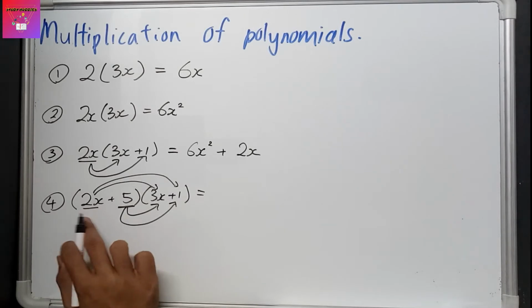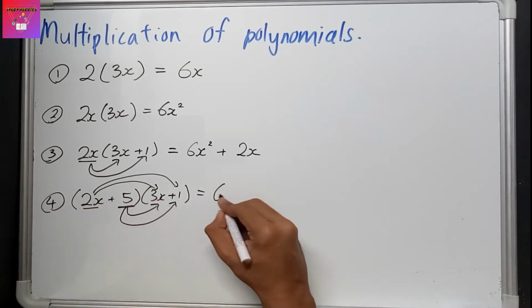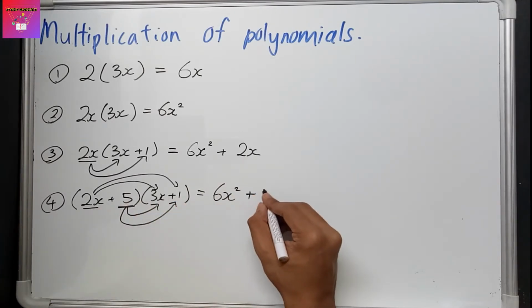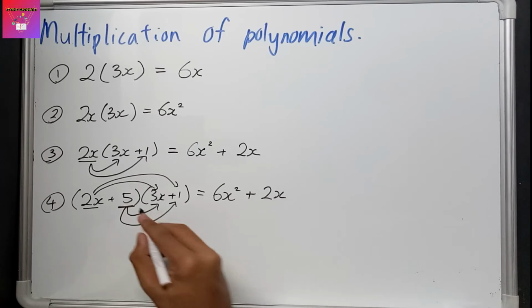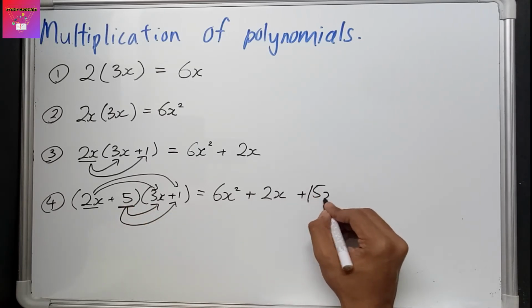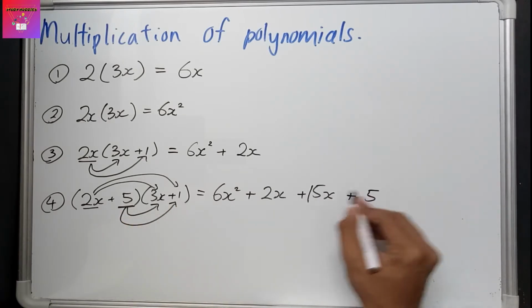Let's start off with 2x first. 2x times 3x, we get 6x squared. 2x times 1, we get a positive 2x. 5 times 3x, we get 15x. 5 times 1, we get 5.